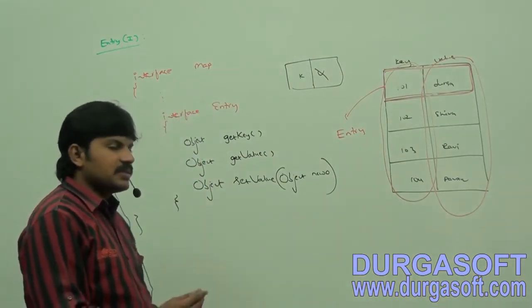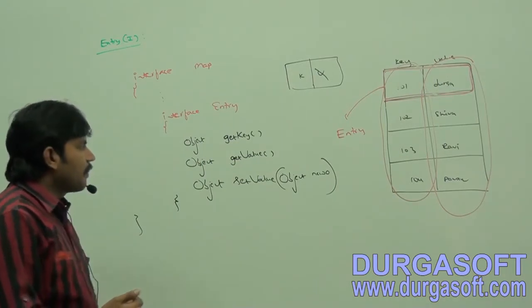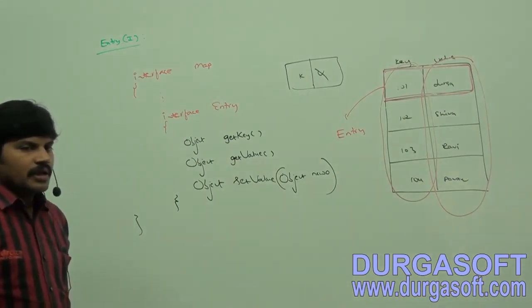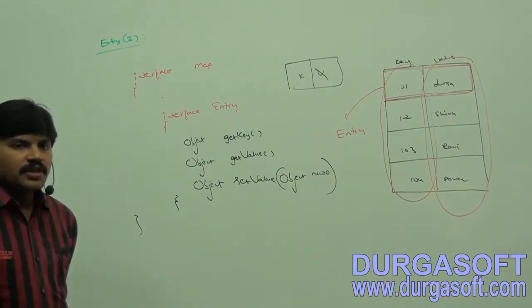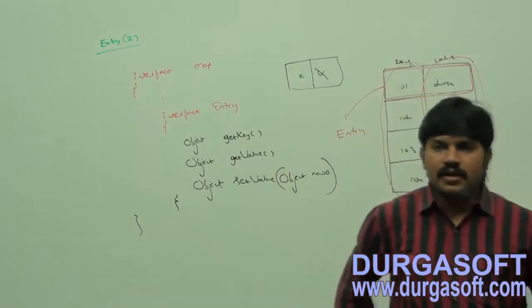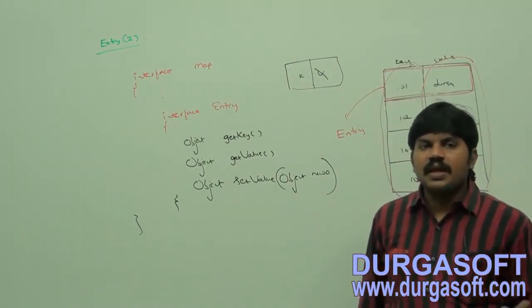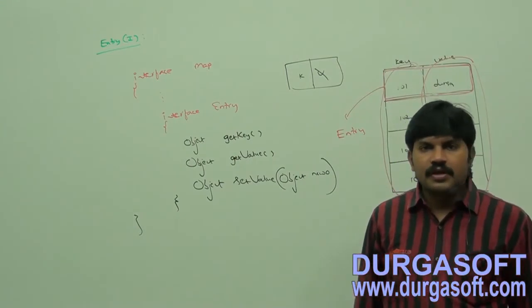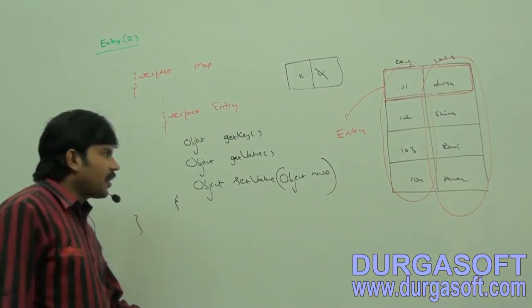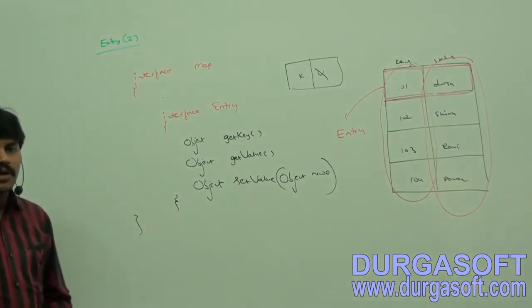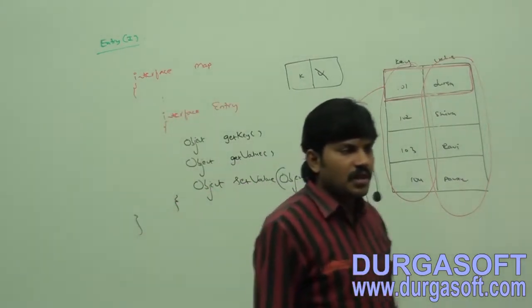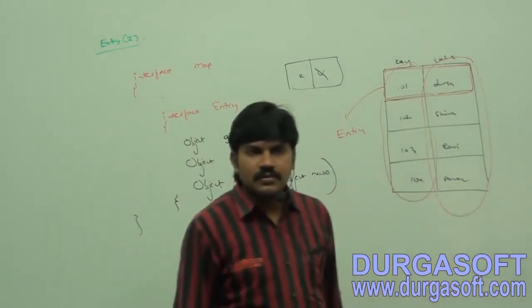Hence, the Entry interface is defined inside the Map interface. Entry interface is defined inside Map interface. That's all. Completed, right?